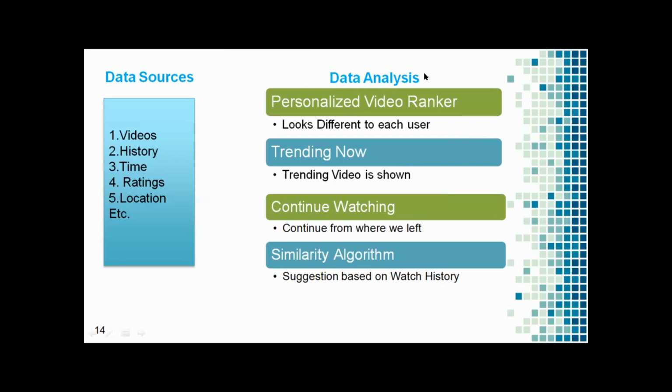This is because of our data, our subscription, our history. All these things help Netflix to make it more and more personalized, so that each and every person can see the shows according to their choice.